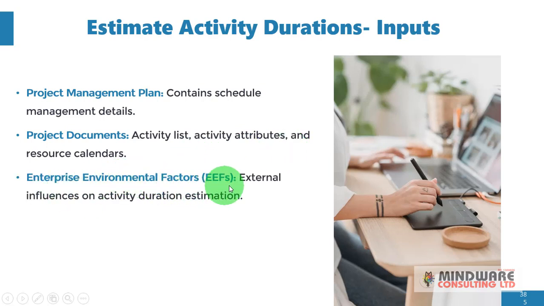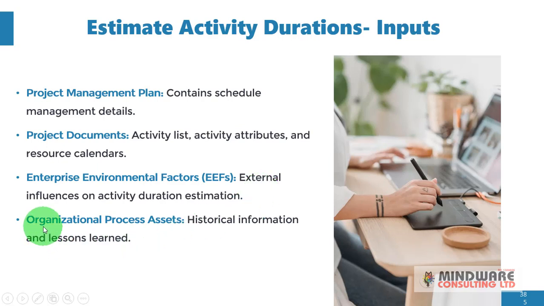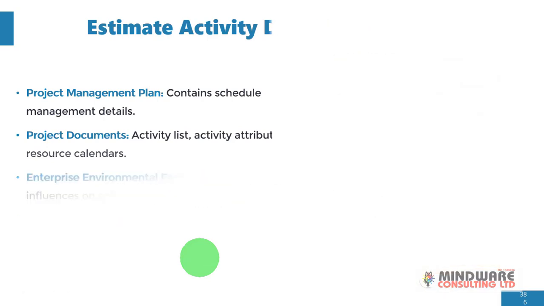We also have the enterprise environmental factors, which are external influences on activity duration estimation. We also have the organizational process assets, which include historical information and lessons learned. Now, this is especially from past projects.